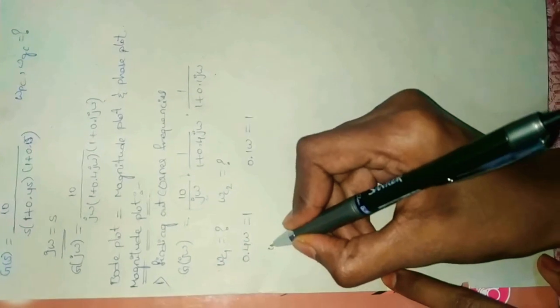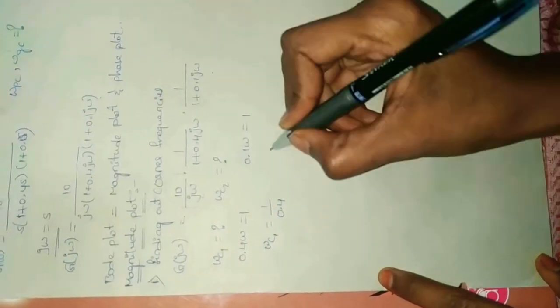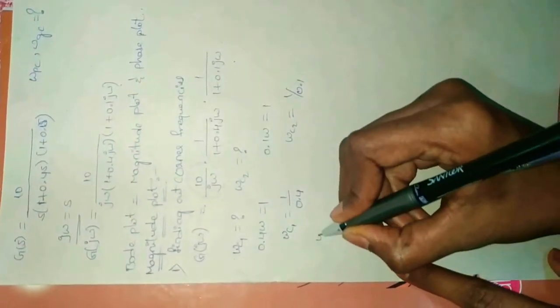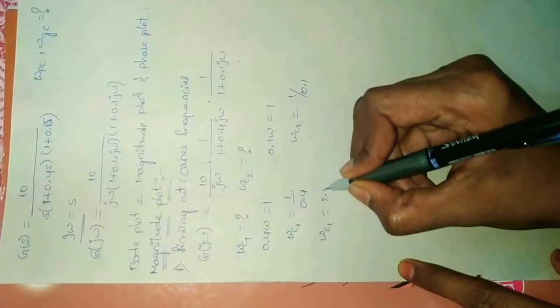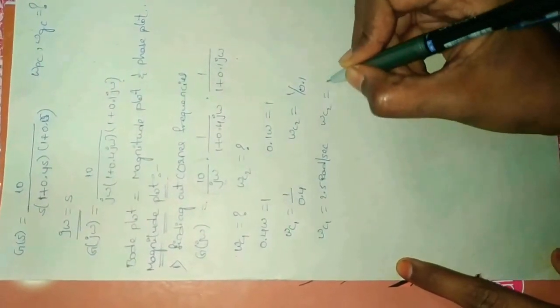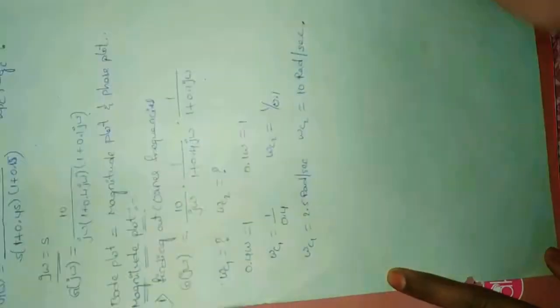Then we get omega c1 equals 1 divided by 0.4 and omega c2 equals 1 divided by 0.1. So omega c1 equals 2.5 radians per second and omega c2 equals 10 radians per second. This is the first step.